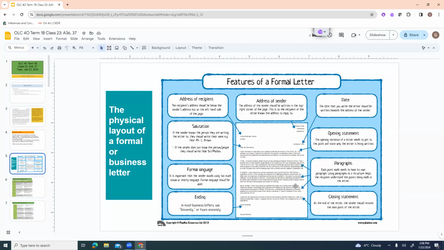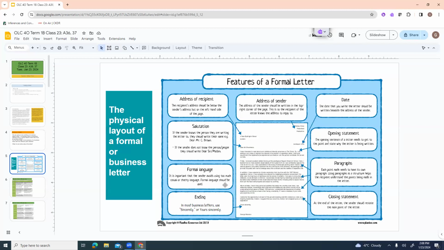Another part might mention personal traits or skills that you have that might work. And then you would have a closing statement, which may reemphasize your first statement, or may also mention, I'm available for an interview if you'd like to talk to me. Here's how I can be reached.